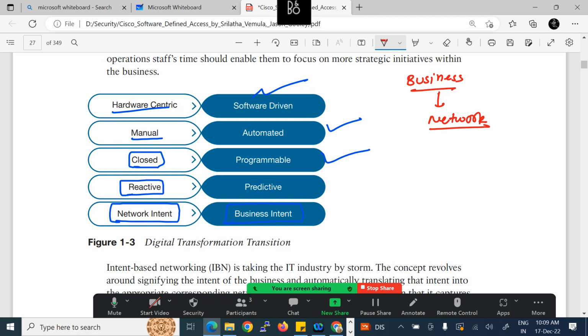That's why sometimes software defined networking is also known as IBN, intent based networking. Now what does it mean? Intent based networking means that you just have the intention and forget about how it will be done. All right, your network controller will automatically do the work. Your intention must be clear.